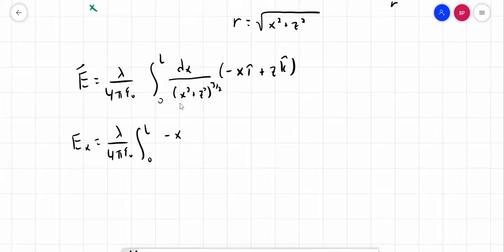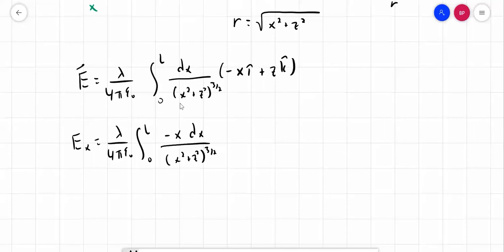We have a negative sign from here. dx over x squared plus z squared to the 3/2. Now, if this was over a symmetric interval, like if this was from minus L over 2 to L over 2, this would automatically be 0 because we have an odd function here, right? But we don't. We're going from 0 to L, so we can't do that.